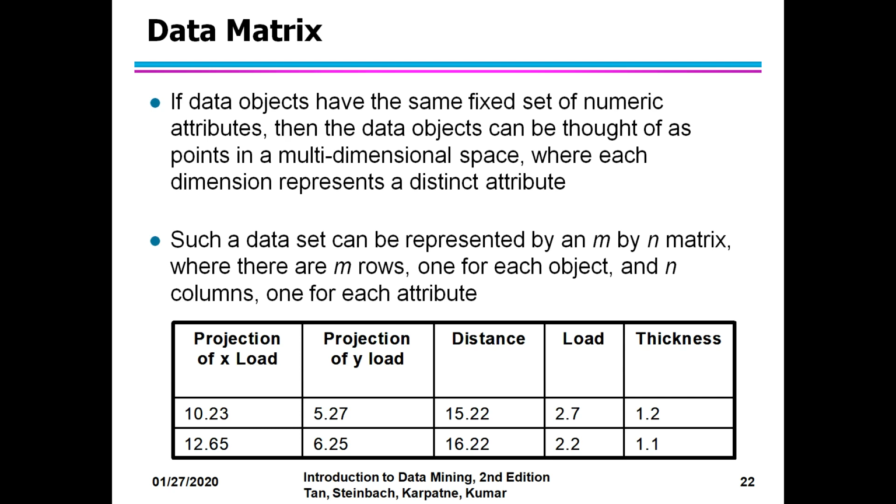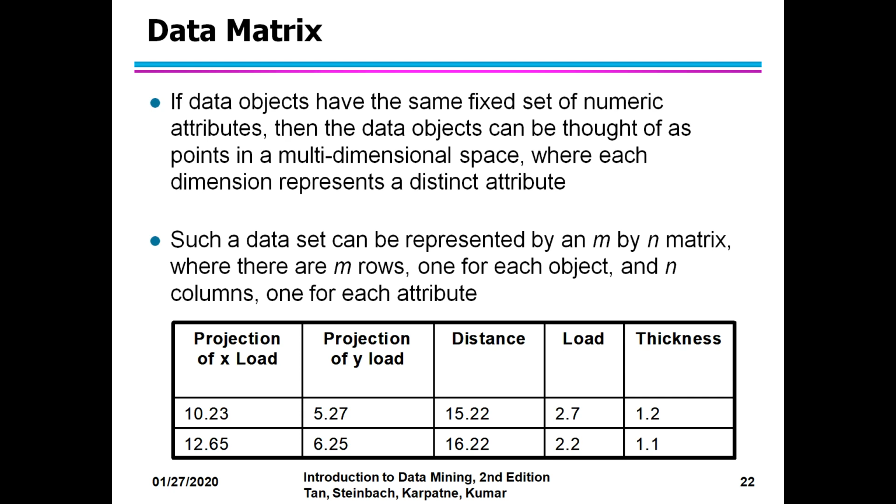The data objects can have values in different dimensions, where each dimension represents a distinct attribute. Such a data set can be represented by an m by n matrix.